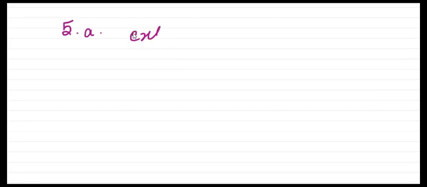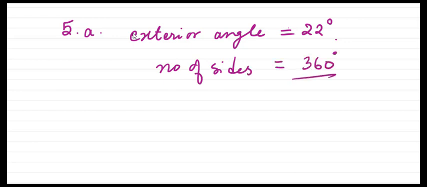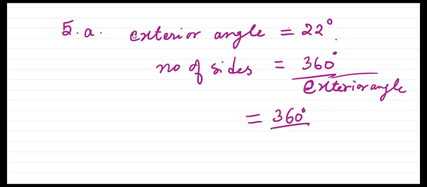If the exterior angle is 22 degrees, is it possible to have a regular polygon? No, ma'am, it is not divisible. So here how we will do this? You know the number of sides equals 360 divided by the exterior angle. If you divide 360 by 22, the answer comes in decimals, about 16.36.